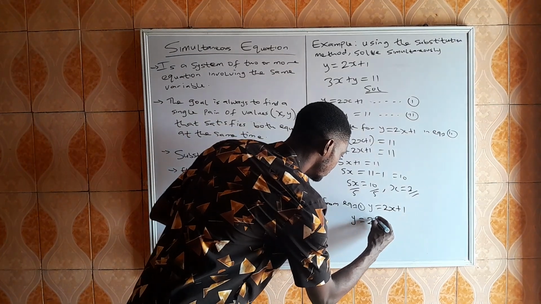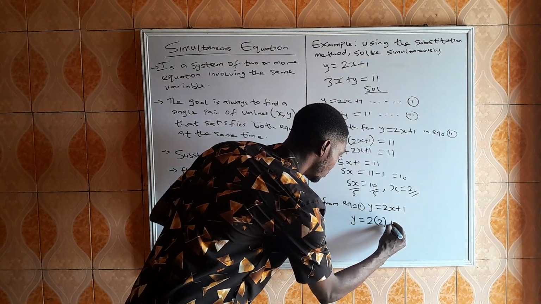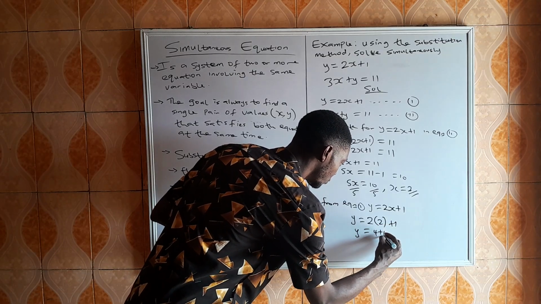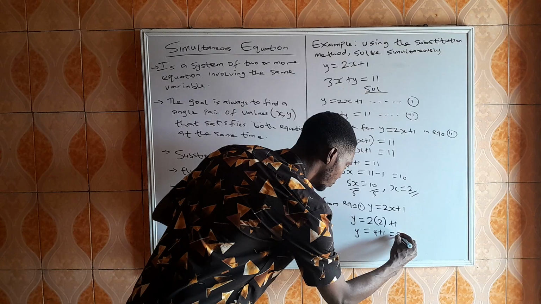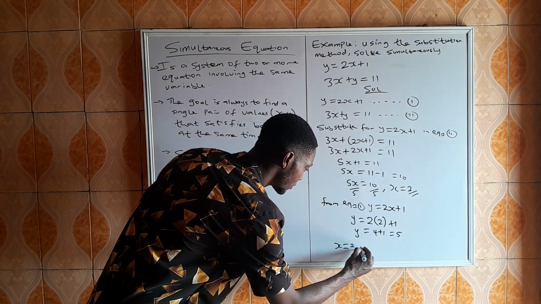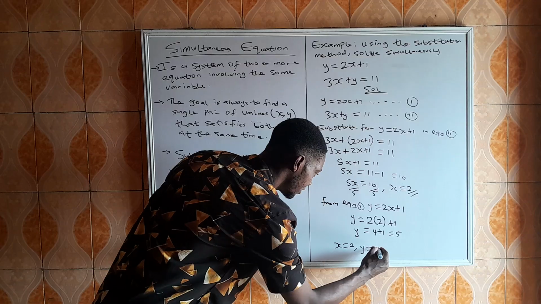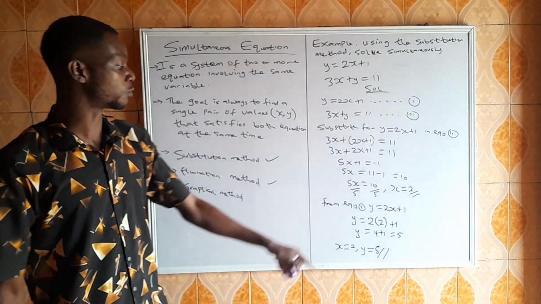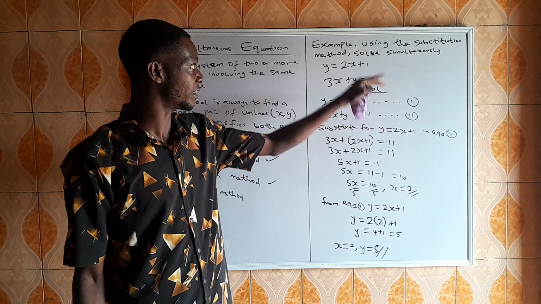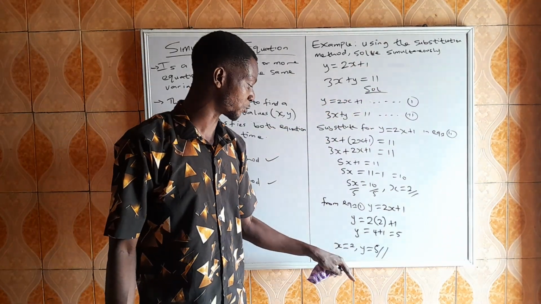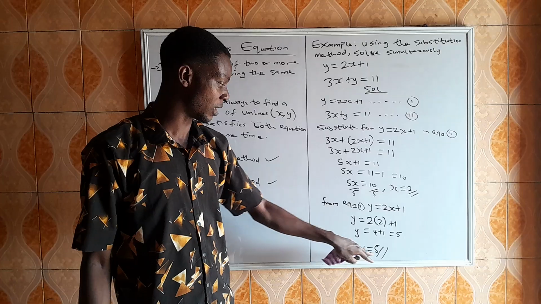So you have y equals 2 times 2 plus 1, so y is 4 plus 1, which equals 5. So that means the value of x is equal to 2 and y is equal to 5. These are the two values, x and y, that satisfy these two expressions at the same time: x is 2 and y is 5.